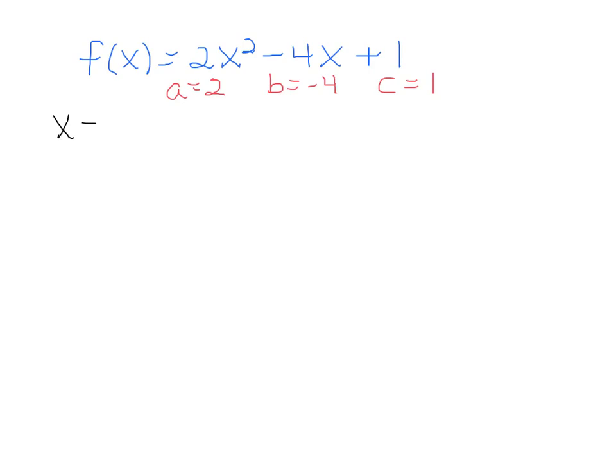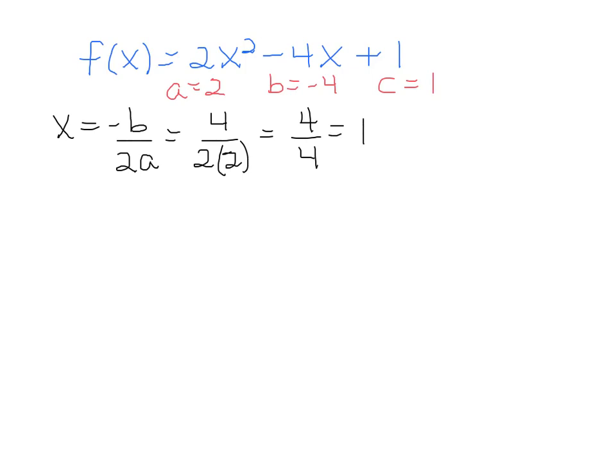We'll use the formula the opposite of b over 2a to find our x-coordinate of the vertex. In this problem, our b number is negative, so the opposite of that would be a positive 4, or just 4, divided by 2 times a, and our a number is 2. Again, doing the multiplication in the denominator first, 2 times 2 is 4, and then 4 divided by 4 gives us 1.